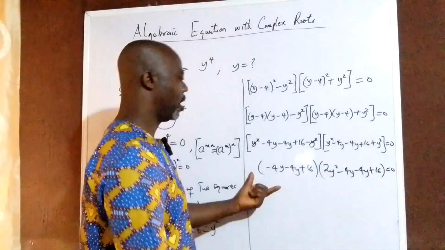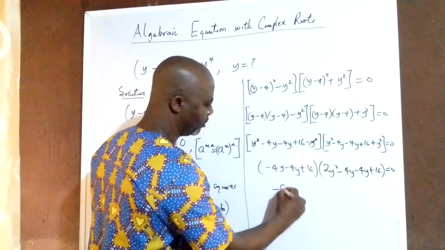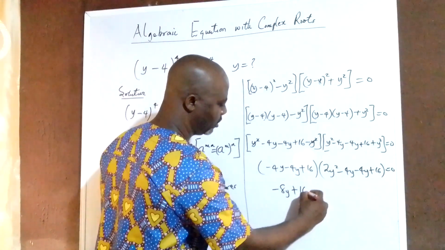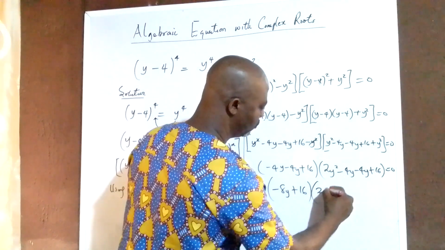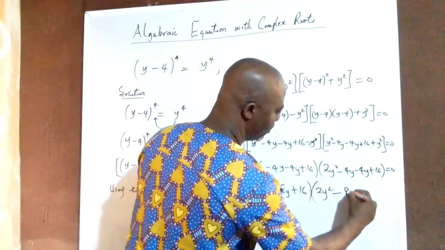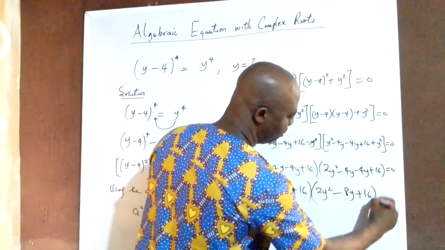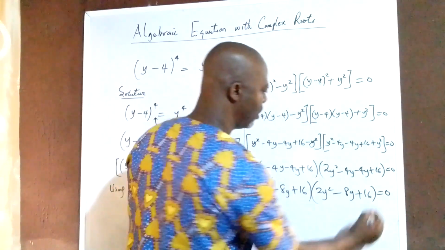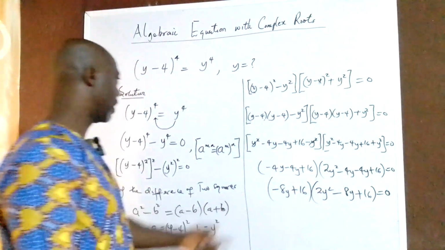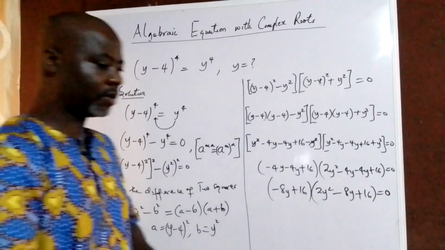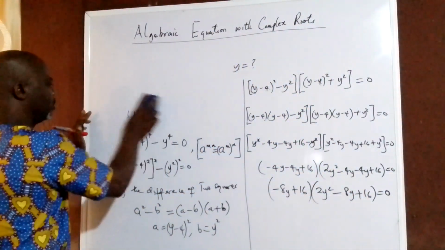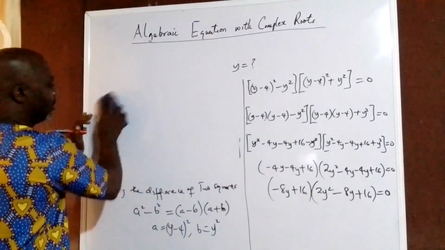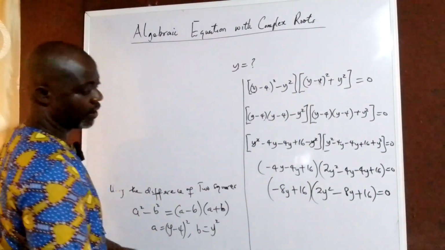So this will give minus 8y plus 16 in one bracket. Then in the second bracket I have 2y squared minus 8y plus 16 equal to 0. So there are two different factors here. I will move over and continue the solution on this side.